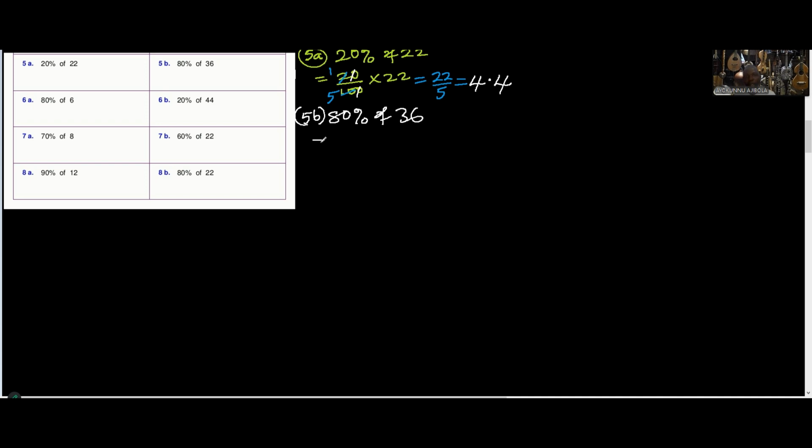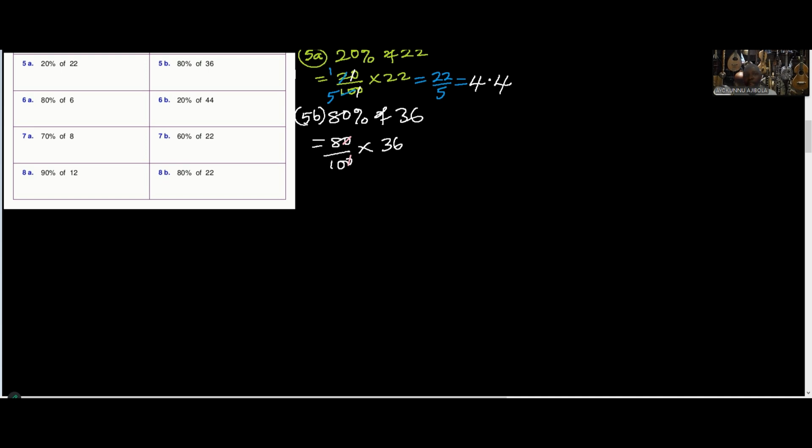So this is 80 divided by 100 times 36. Now can you tell me what to do? You put an equals sign there, and then you put 36 over 5. 10 cancels 10 first, okay?